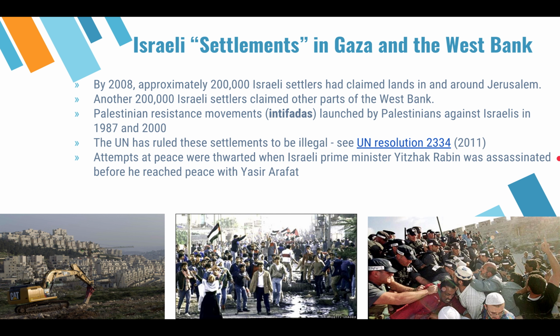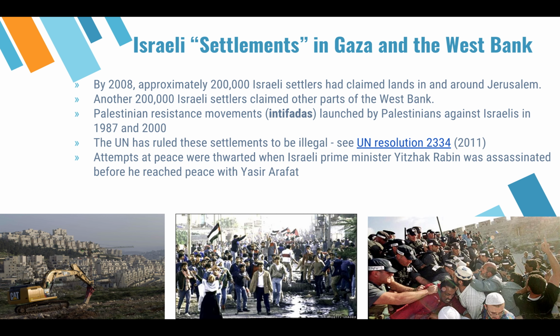But yet again, settlements are essentially these neighborhoods of Jewish settlers in Palestinian designated territories. Now, most of the settlements that we see are in the West Bank area. But there were some in Gaza prior to the evacuation in 2005, and there are still some in Golan Heights.